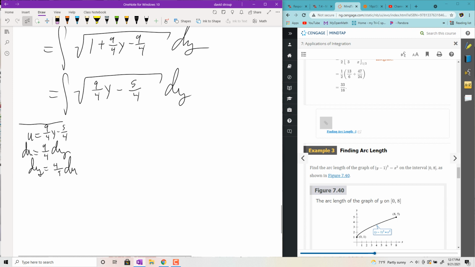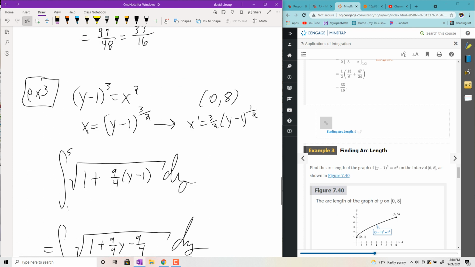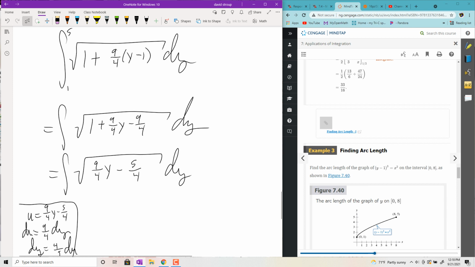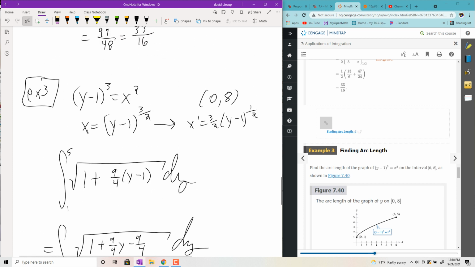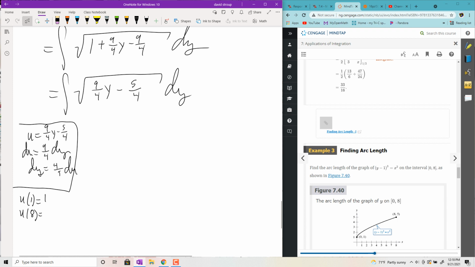So I'm also going to change the limits here. So u of 1 would be 9/4 minus 5/4, which is 4/4, which is 1. u of 5 would be 45/4 minus 5/4.